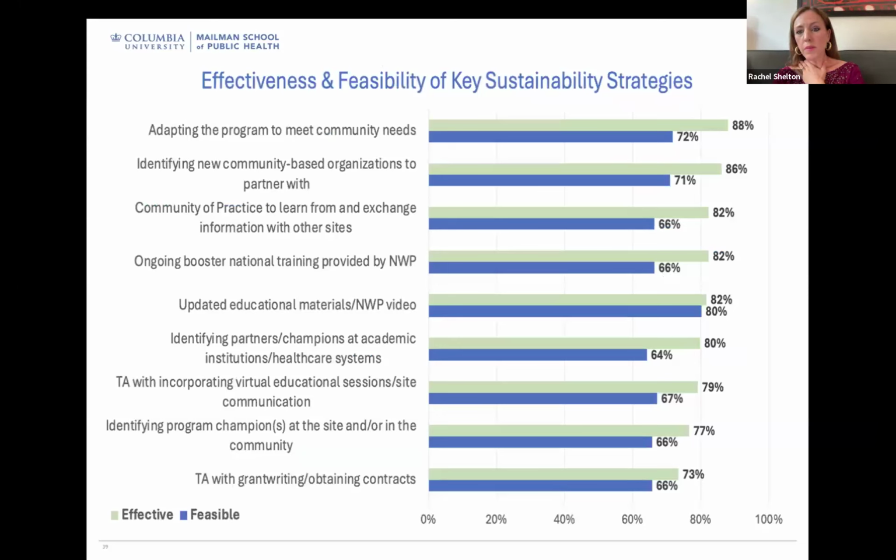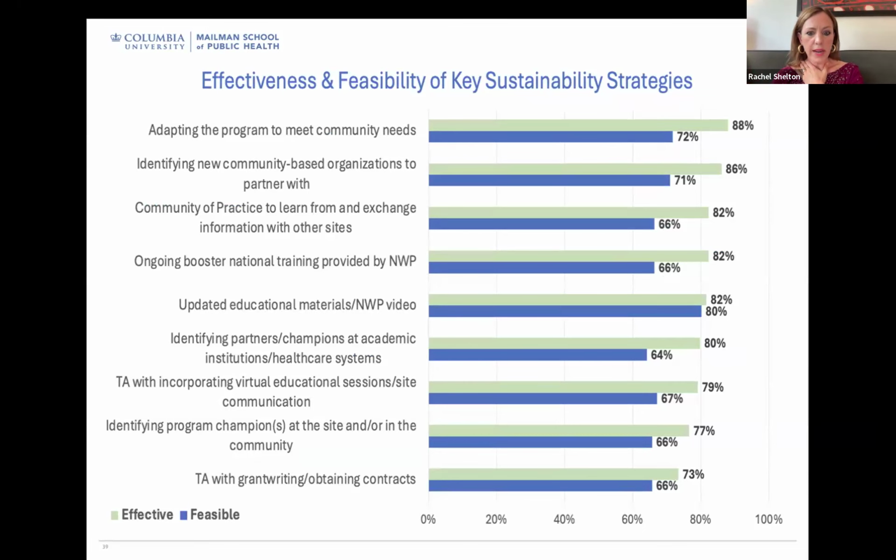So we heard from them, what do they think would be the most effective and also feasible strategies to support sustainability of the program? And we heard everything from adapting the program to meet community needs to identifying new community-based organizations to partner with. A huge win for the groups has been building a community of practice to learn from and exchange information with other sites about what's working or not with respect to sustaining the program.